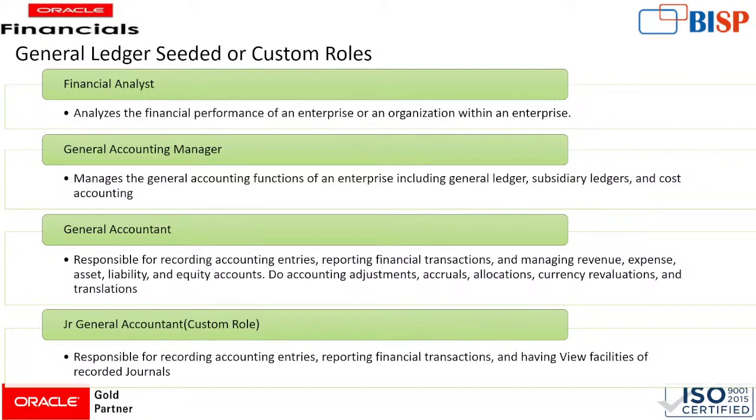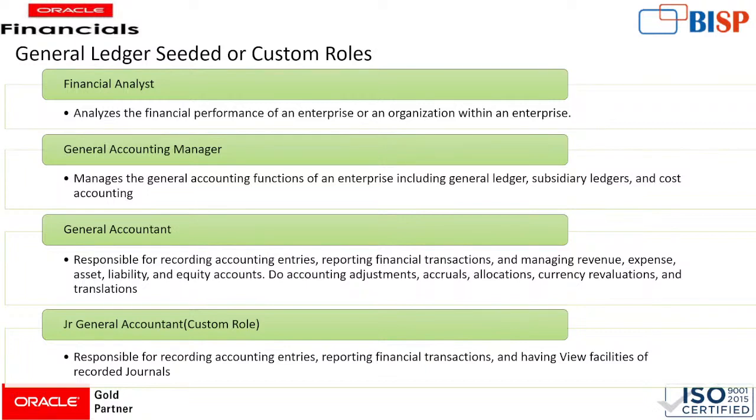He wants one junior general accountant who can record the entries, but he can't delete that particular entry, and he can view the recorded general entries. Once the entry is entered, he can change it. He can change those journals after posting, right? Neither can he reverse those posted journals. So that is the basic requirement of my client.